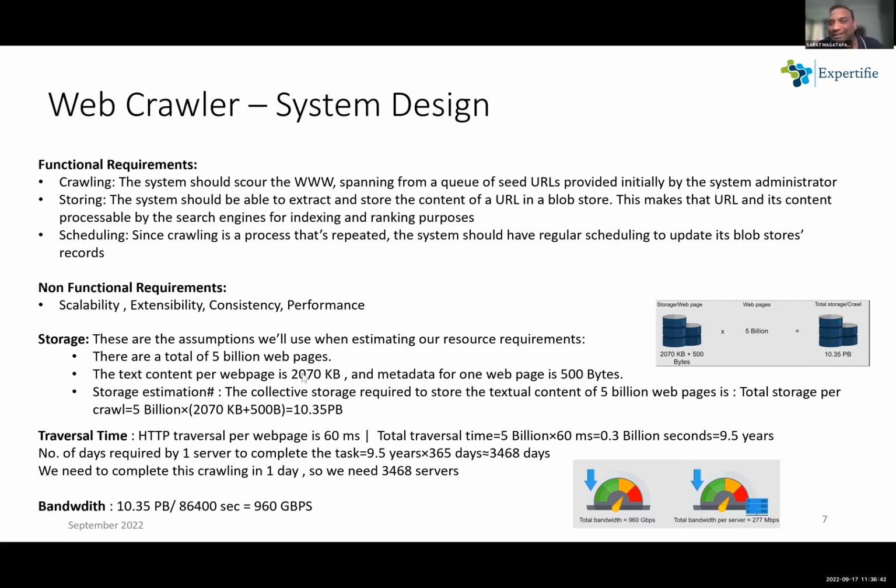Based on certain studies and analysis, we identified that on average each web page might have text content of around 2000 KB. Along with that, we need to store certain metadata about the web page, right? So this is the estimation.